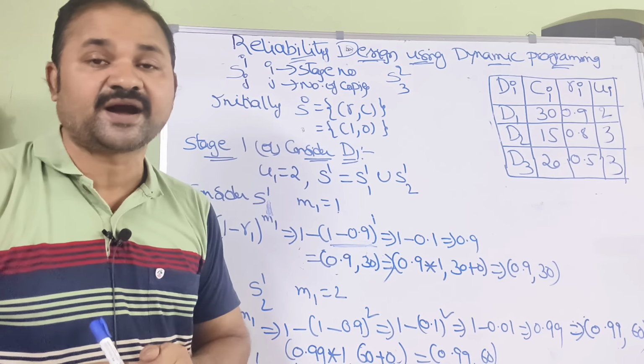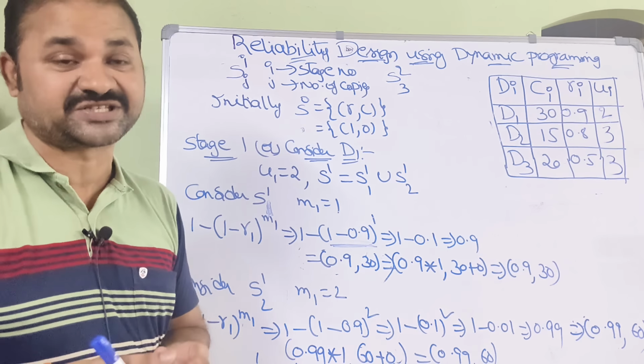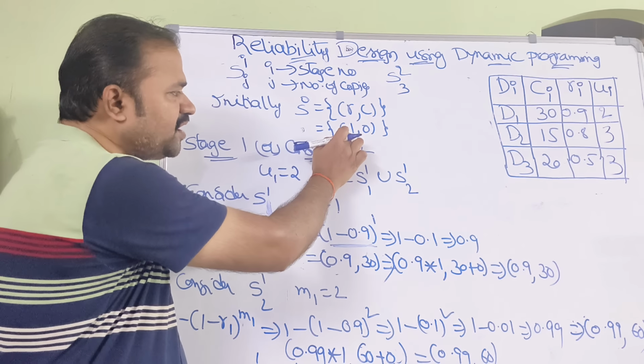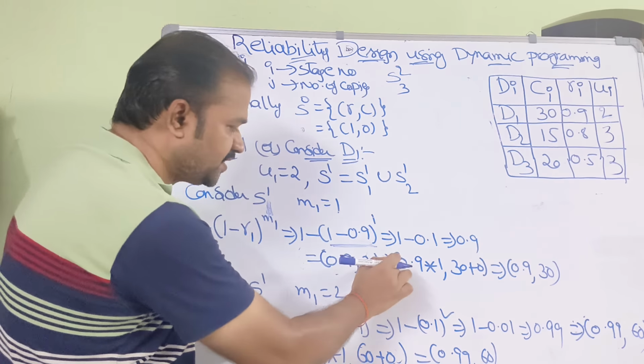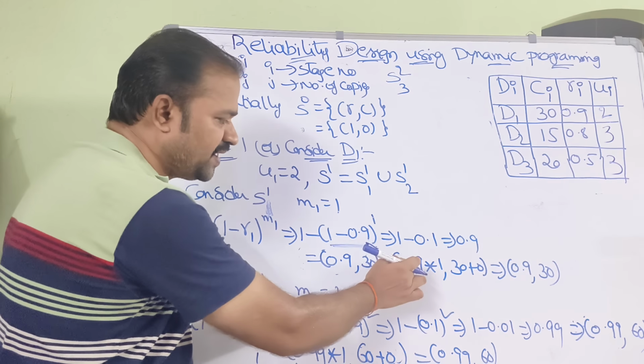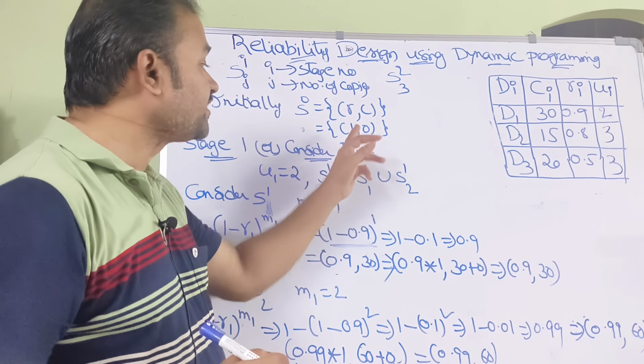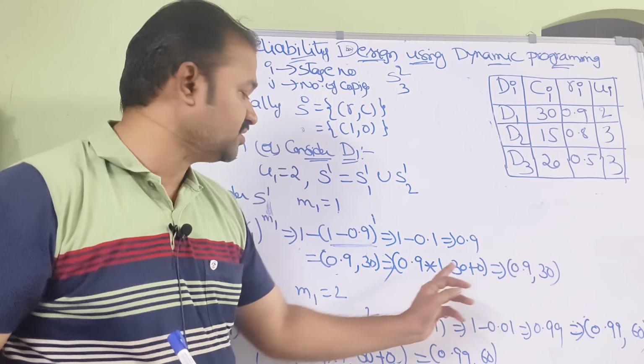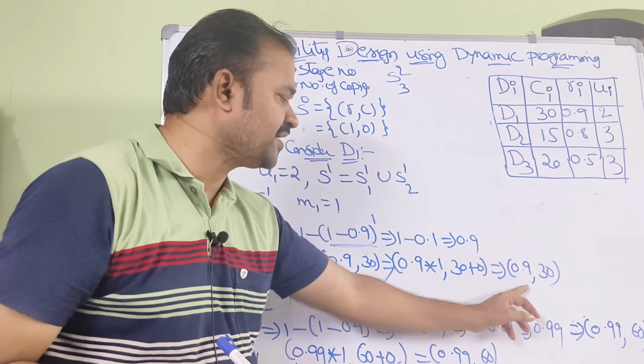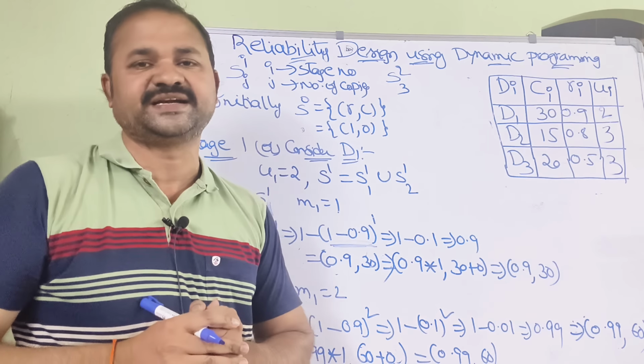This 0 is cost, and we have to add the cost. The reliability in S power 0 is 1. So multiply 0.9 and 1, comma, and add the cost: 30 plus 0. So 0.9 into 1 means 0.9, comma, 30 plus 0 means 30.